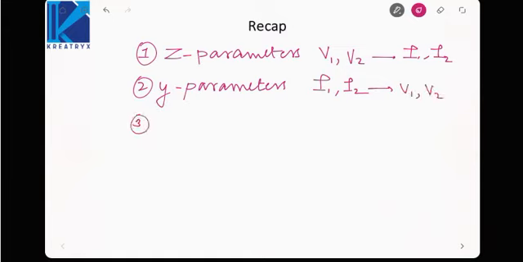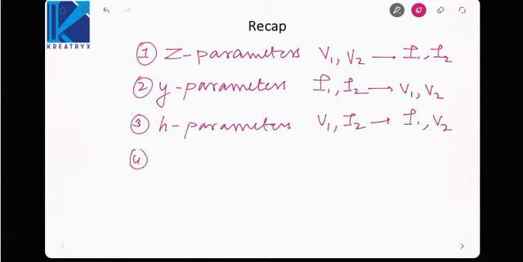Then we looked at hybrid parameters, which were used wherever you cannot use the Y and Z parameters. These related V1, I2 to I1 and V2.